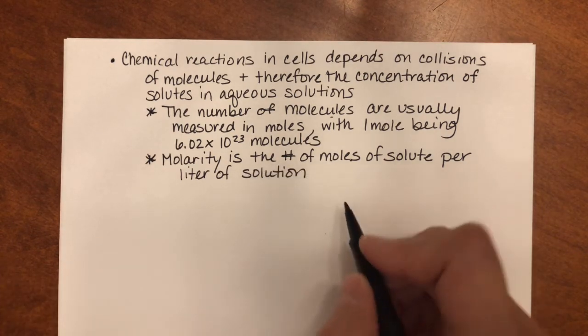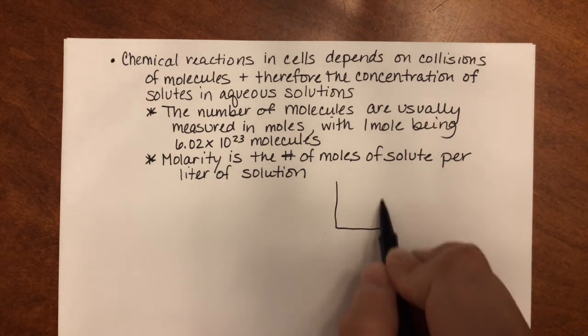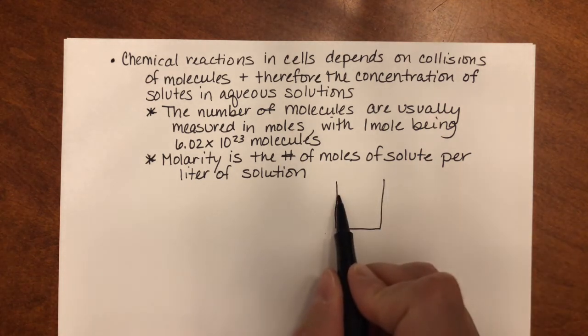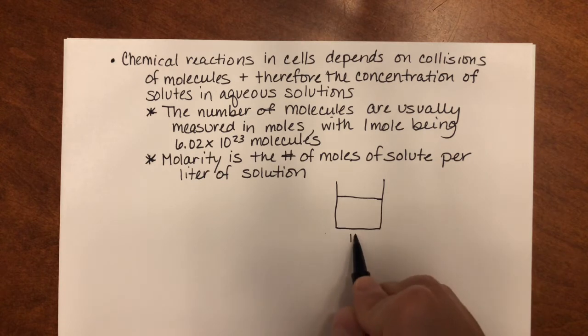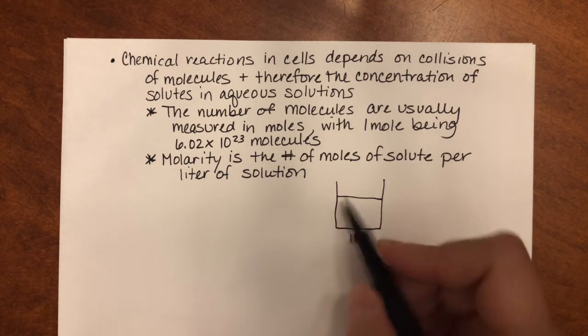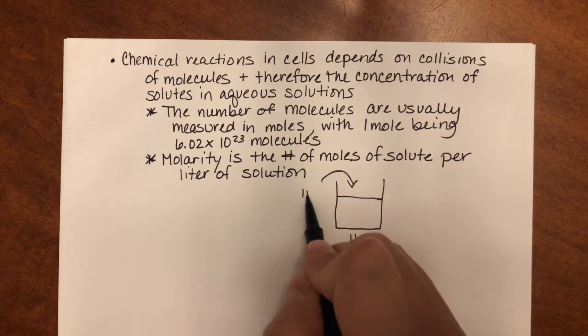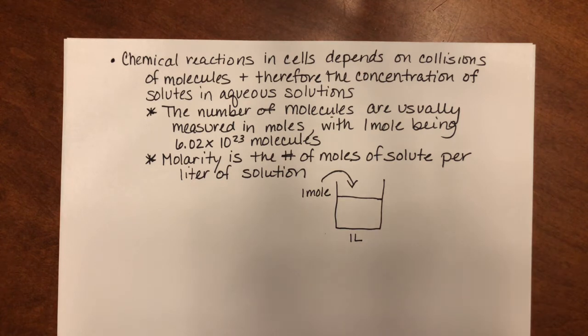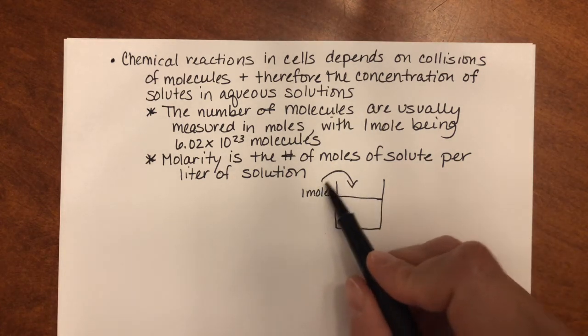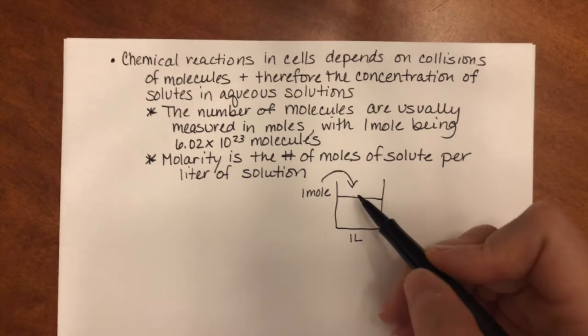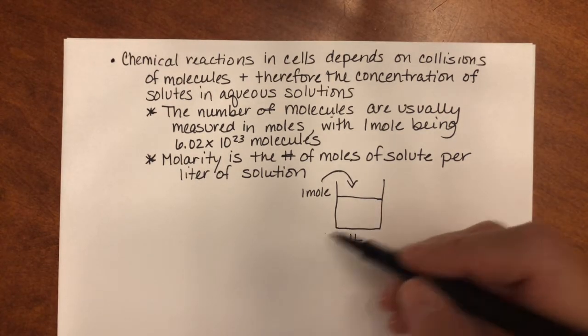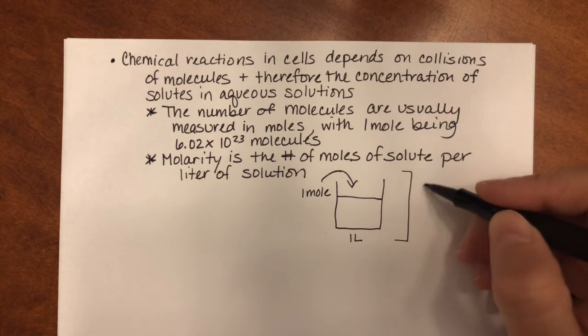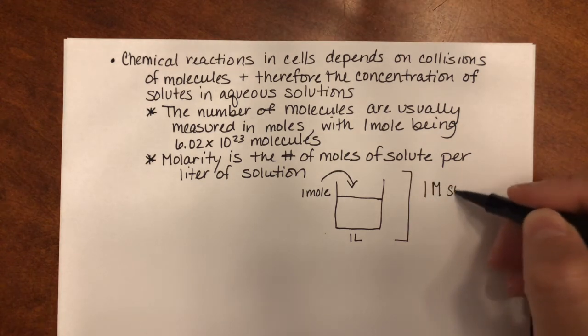You have a beaker and you put in a liter of water, so it's a 1 liter beaker. You put in 1 mole of a substance, and 1 mole of the substance happens to be its molecular mass. If you add up the mass of all the atoms in the molecule, that's its molecular mass. You put in 1 mole of it and fill up to a liter of water, and we would say that this collectively is a 1 molar solution.